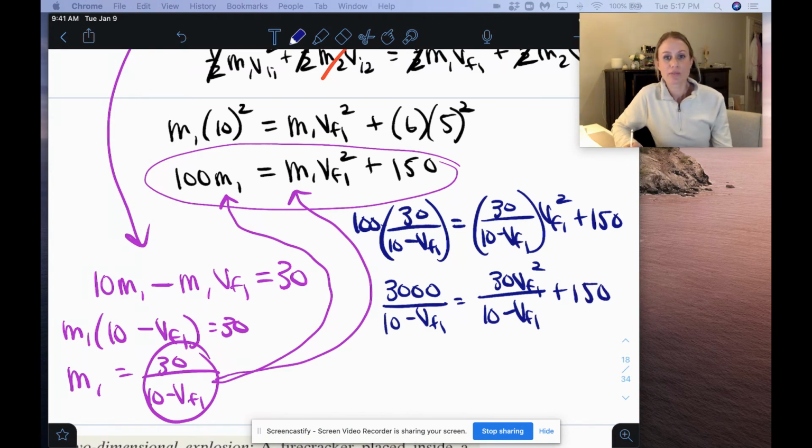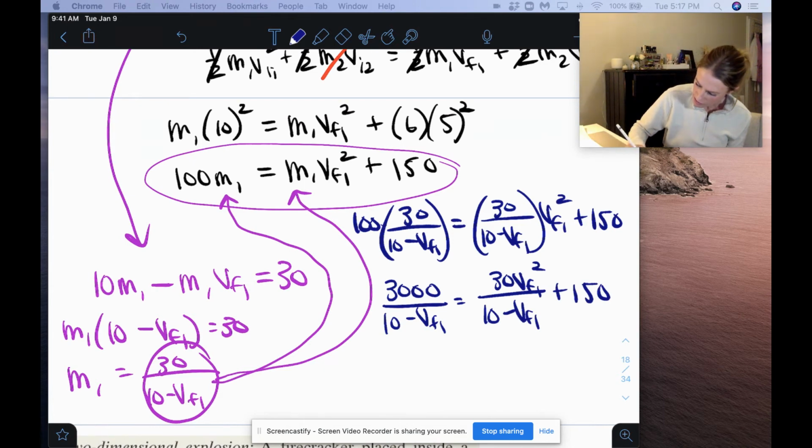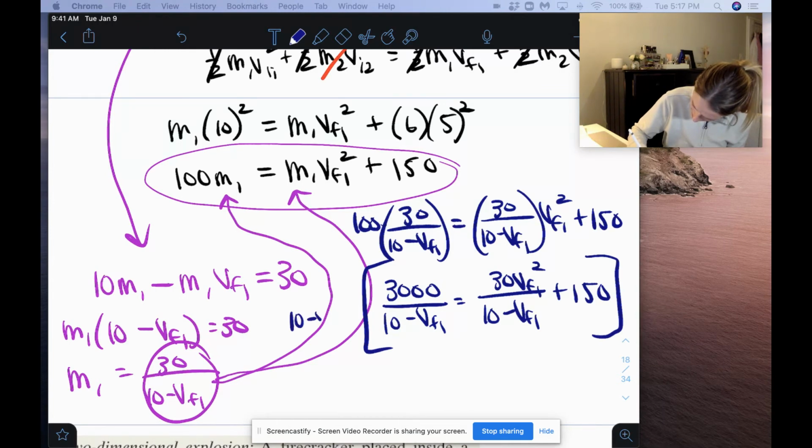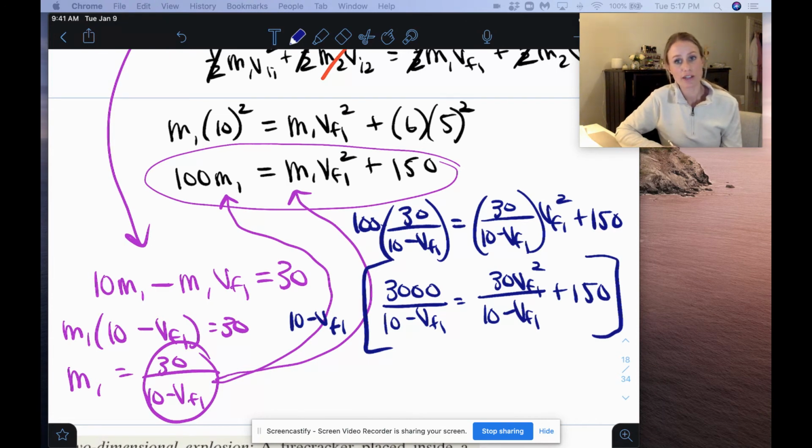We can then multiply every term here by 10 minus v final 1 in order to get rid of it on the denominator there. So I'm multiplying everything through by 10 minus v final 1. And so they cancel out on the denominators of those two fractions, and then we're just going to multiply 150 by 10 minus v final 1.